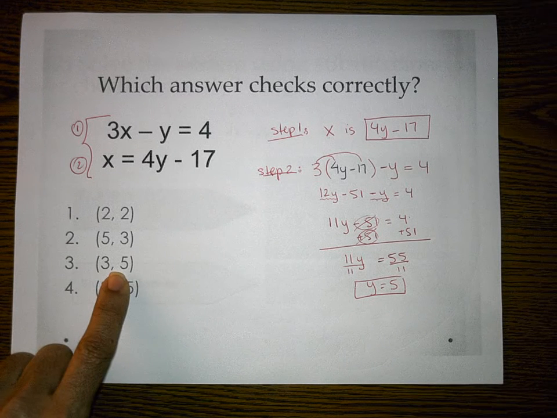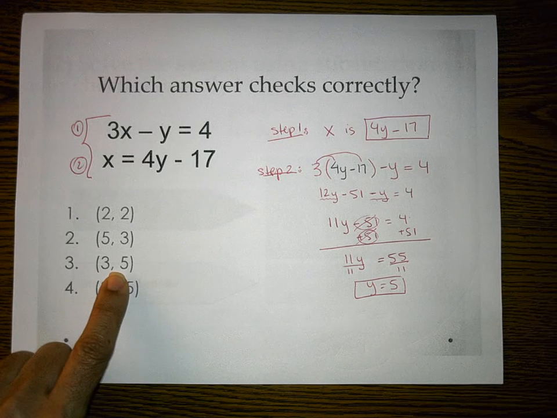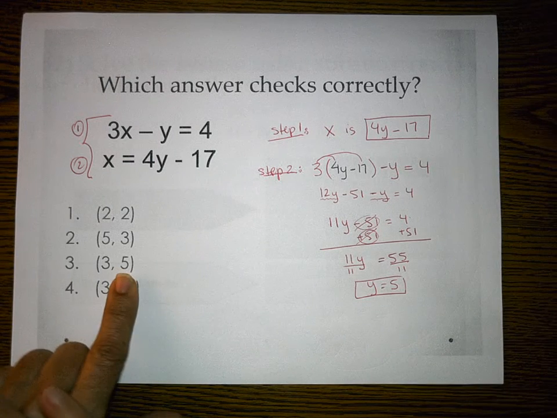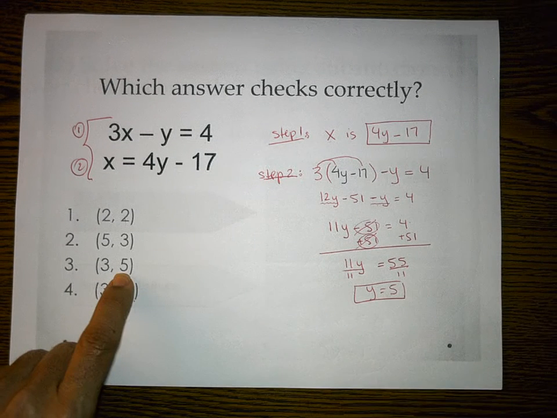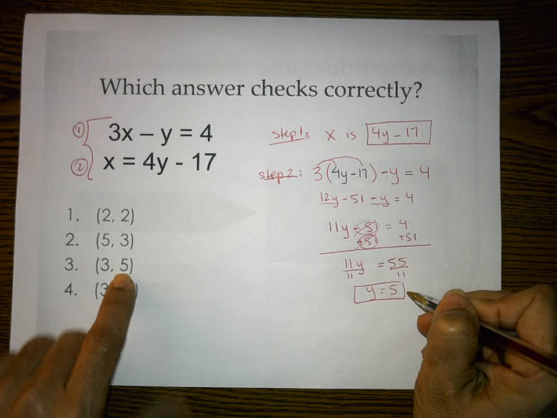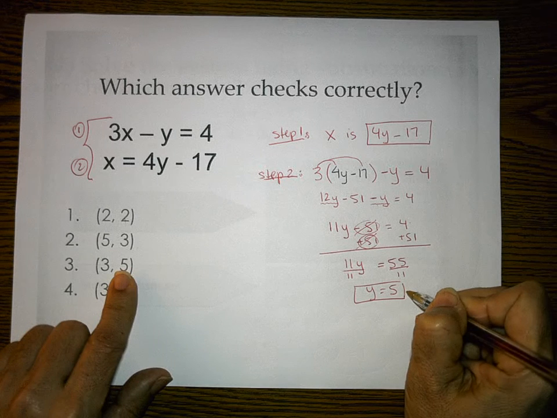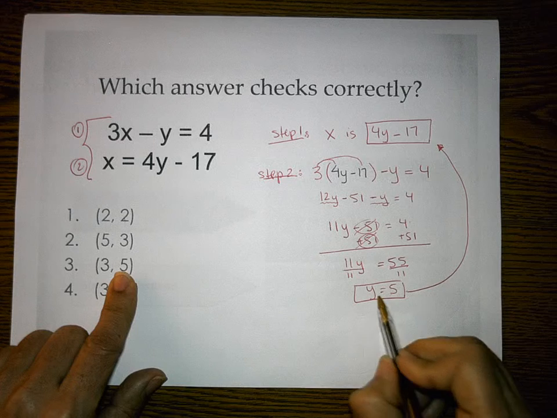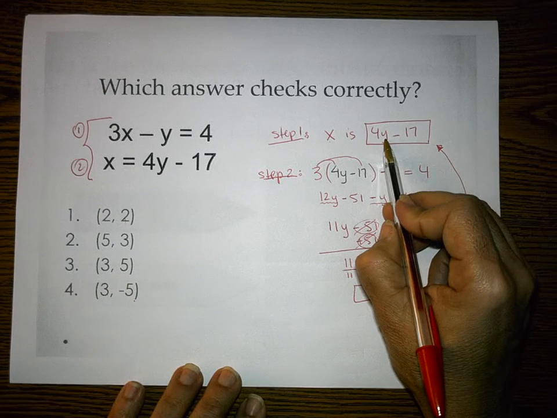That is the only answer where it says y equals 5. That made my solution already. I don't even need to solve for x. Y equals 5 is the only one that matches here. But if I want to solve for x, all I have to do is go back over here and plug in y equals 5 in place of y over here.